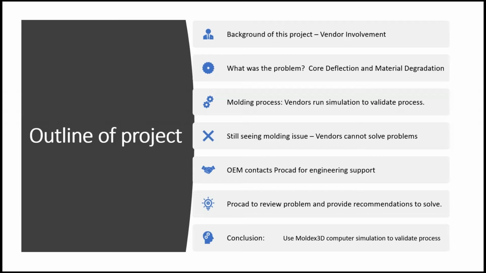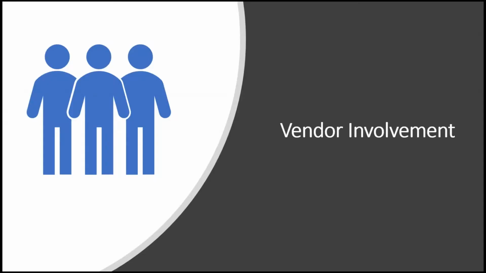The molder still saw molding issues, and the vendors were not able to solve these problems. Then the OEM contacted ProCAD for additional engineering support, and we reviewed the problem, made recommendations to solve it, and using Moldex3D has been a huge help in making this project easier to solve.